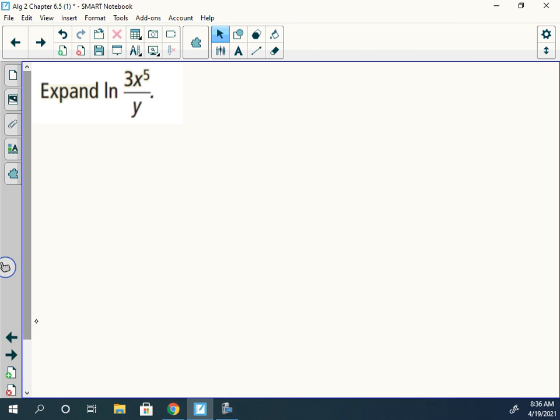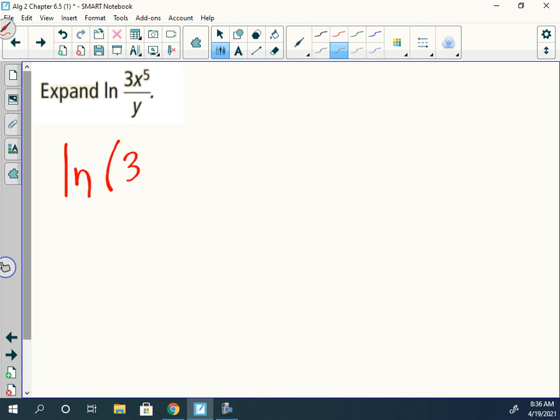Okay. So looking at this one here, what can we do first? We would separate the division. So we'd have the natural log of 3x to the 5th minus the natural log of y.